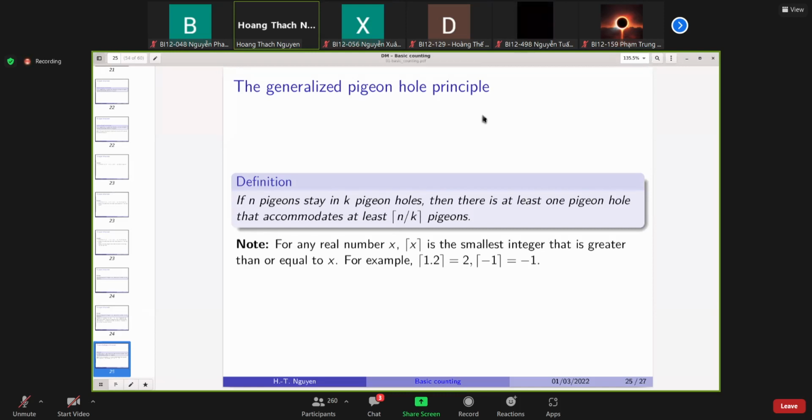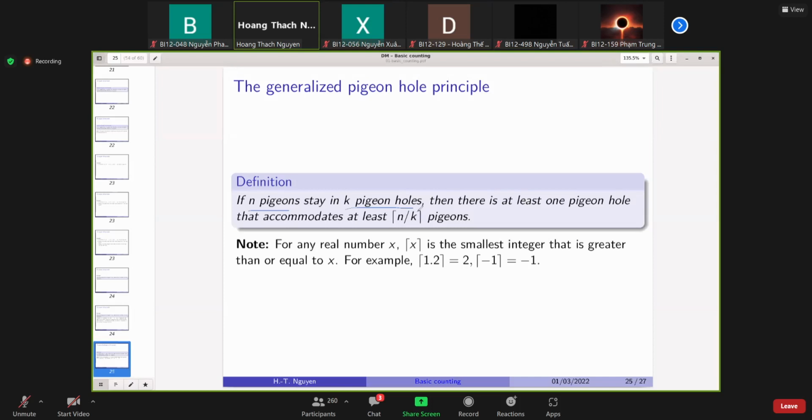So if we consider a more general setting in which there are n pigeons and k holes, then we divide n by k, and we take the ceiling function.